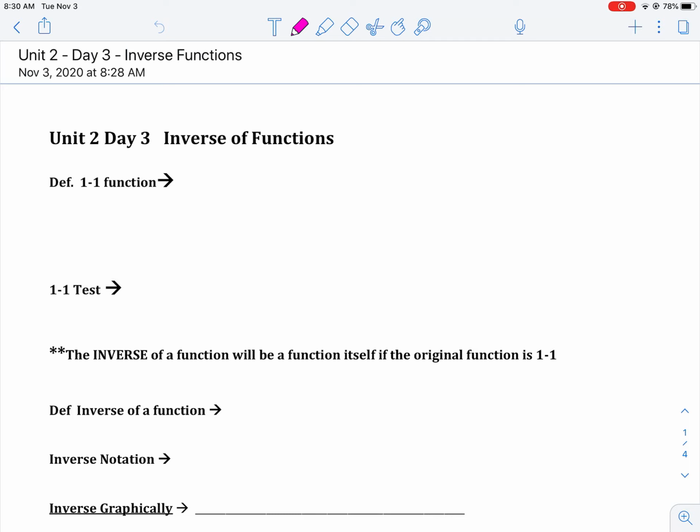Now, beginning here, it says definition. This stands for a 1-to-1 function.